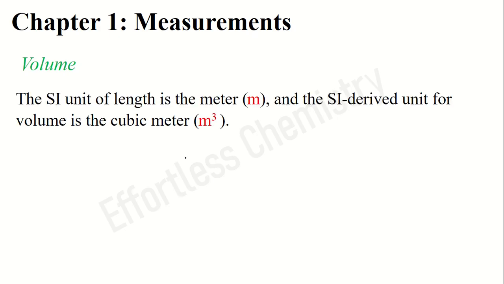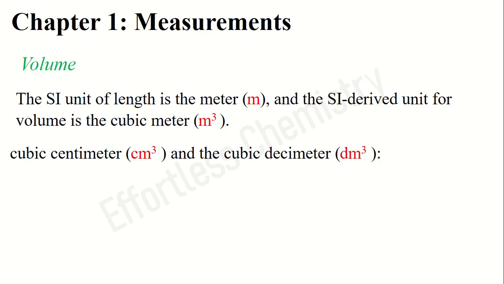And the SI derived unit for volume is the cubic meter. Generally, however, chemists work with much smaller volumes, such as cubic centimeter and cubic decimeter.